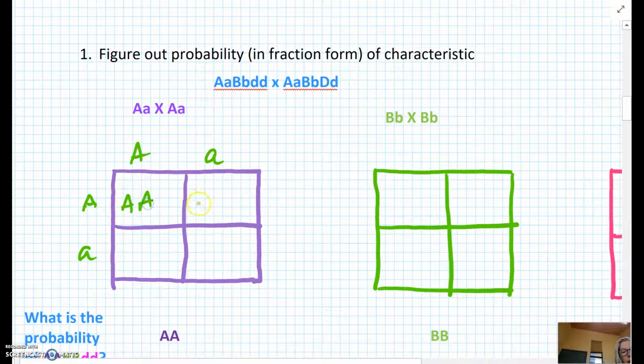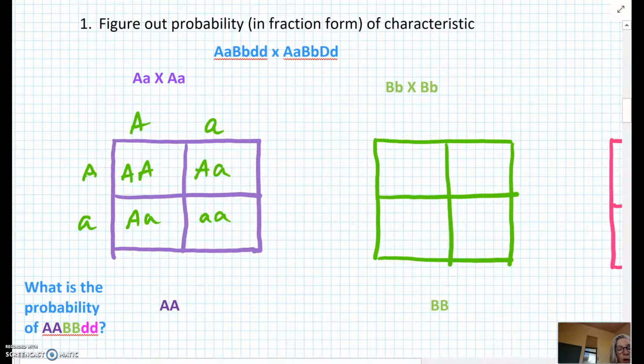And if I fill this in, I will come up with this Punnett square. My question also asked, what is the probability of forming an offspring that was homozygous dominant for A? And our probability for that is 1 out of 4, because that's right here.